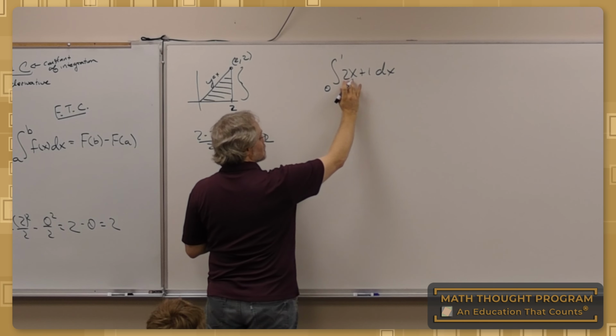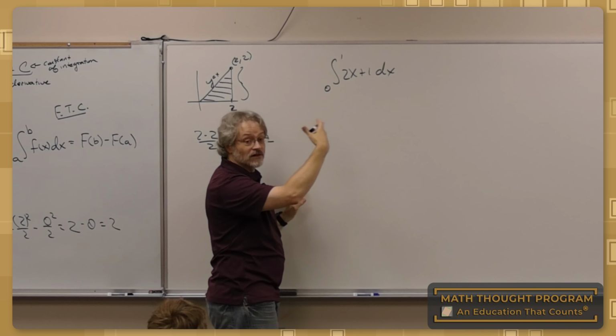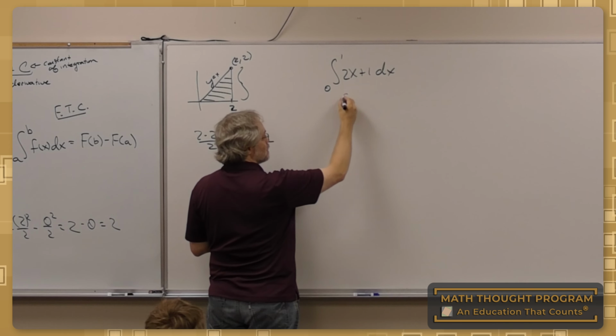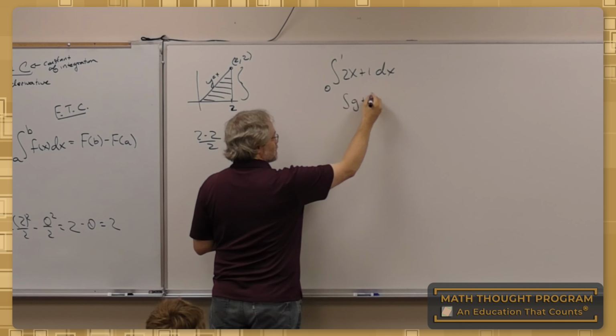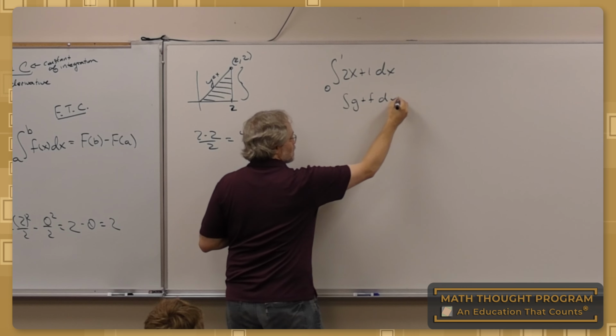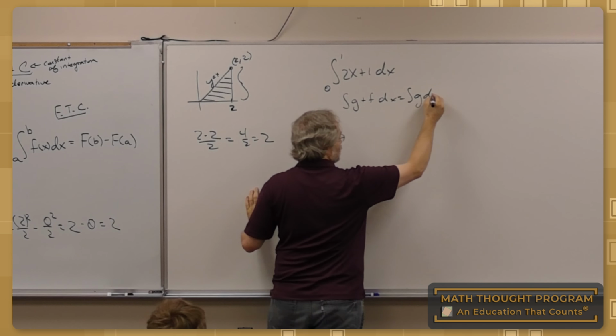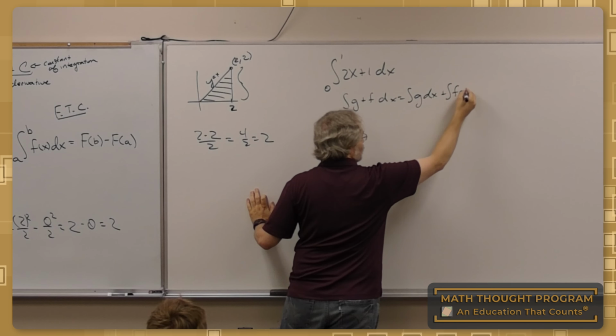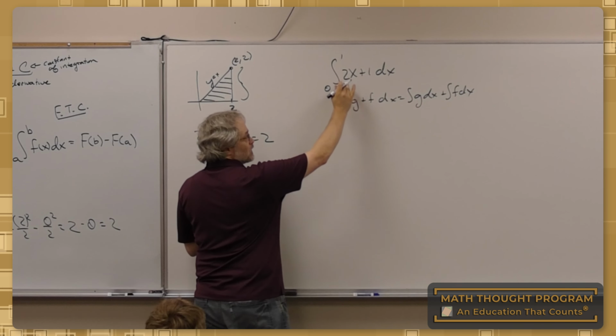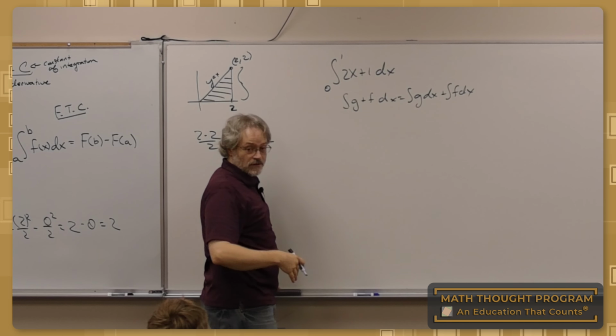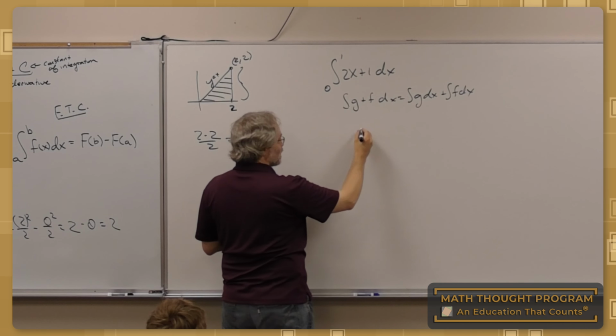We integrate the 2x. We use what's called the linearity of integration. If I have two functions, maybe like g and f, we integrate. We split it up like such. So you integrate the 2x, we apply the power rule of integration.